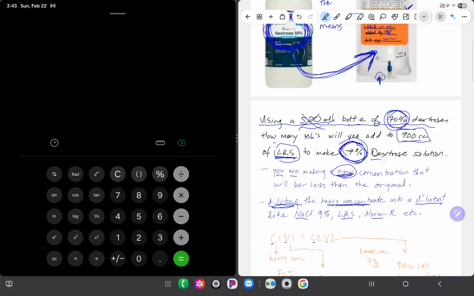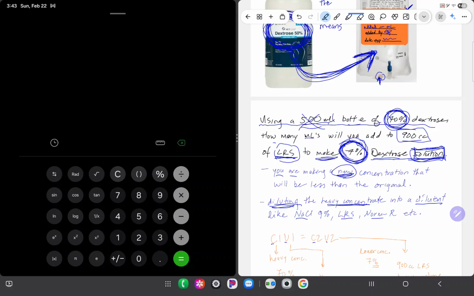And they should also, at the end of these questions, say that they are trying to make a blank percent dextrose solution, because you are diluting a concentrate into a diluent, and that always creates a solution. So we know heavy is going into small to create a solution.